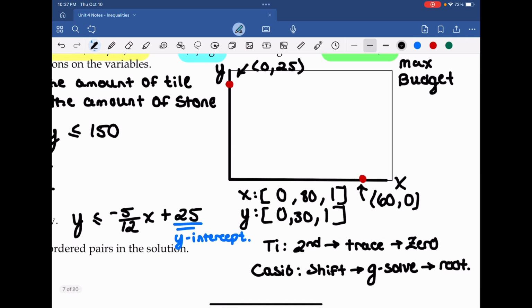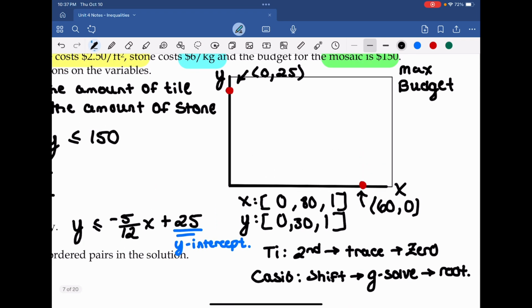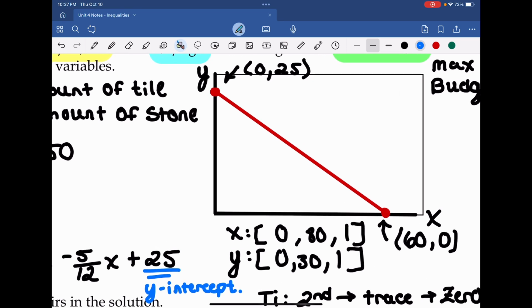Now, as soon as you have your x and y intercept, we can connect these with a line, and it's going to be a solid line because the solid line says for every combination of x and y, this would equal the max budget of 150. So I'm just going to indicate that here.